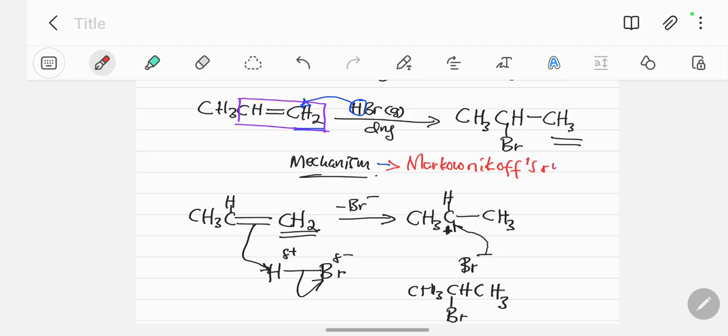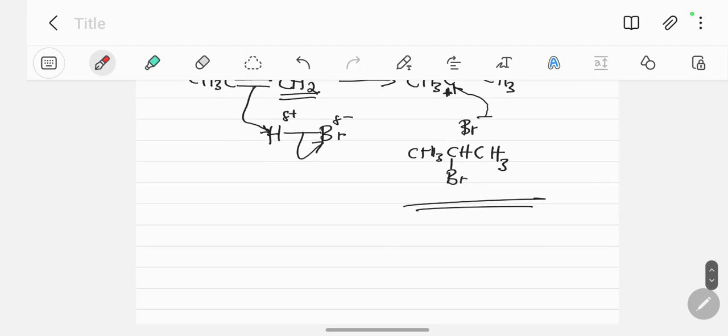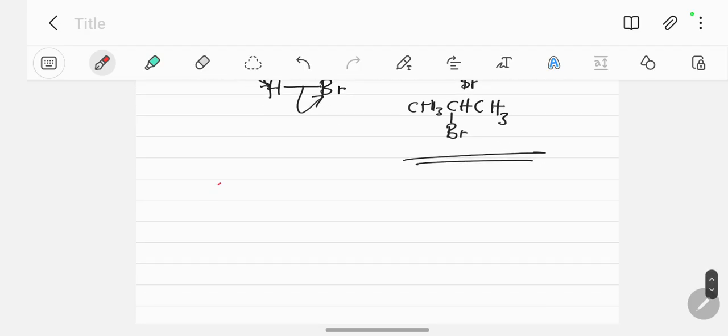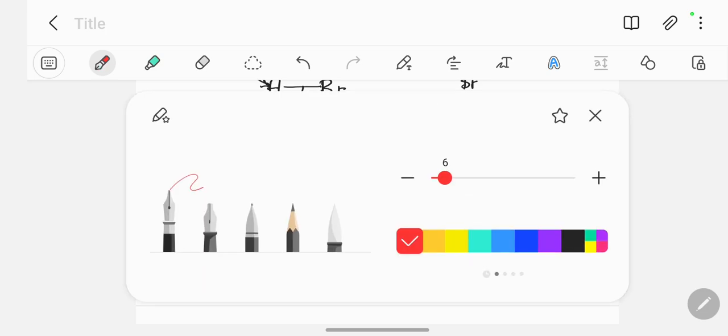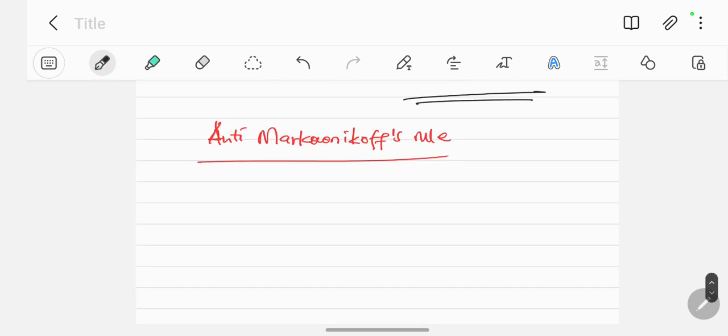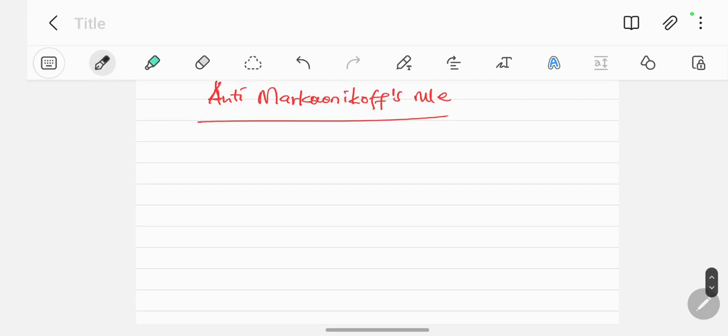Now we have to study the anti-Markovnikov's rule and see what it states. And within this anti-Markovnikov's rule, this is what happens.